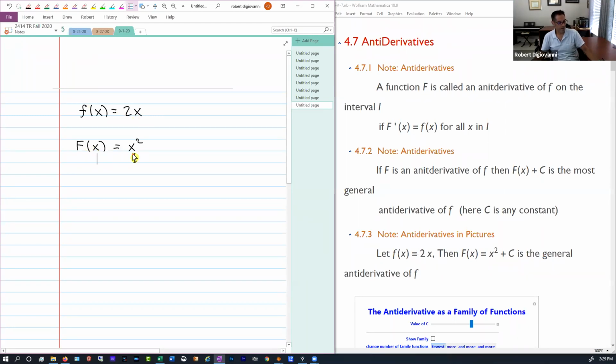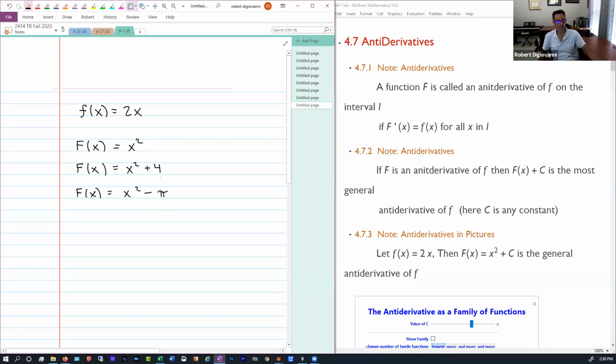Now, is that the only function that I could have taken the derivative of to get 2x? Is there another function you could think of that I could take the derivative of and also get 2x? X squared plus some random number. Yeah, x squared plus, without a variable, 4, right? X squared, I don't know, minus pi, right?